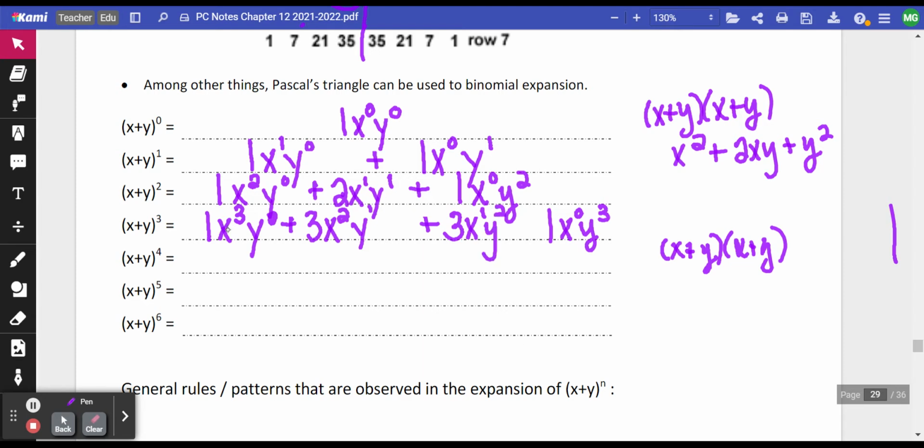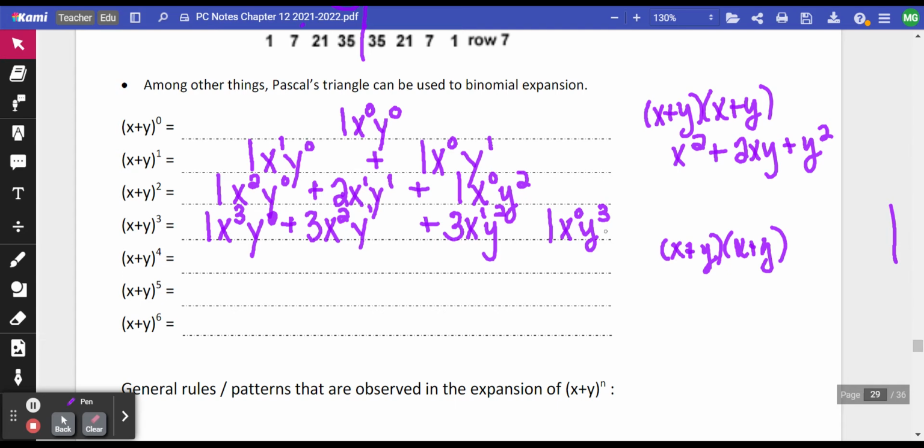Notice that, x cubed, x squared, x to the first, x to the 0. Going back here, y to the 0, y to the 1, y to the 2, y to the 3. That will happen each and every time.